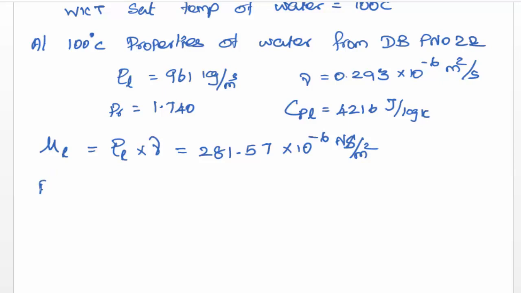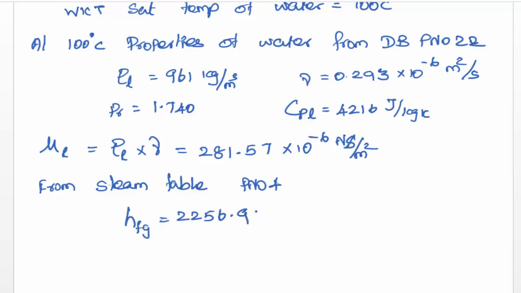Then in the next step, from the steam table, page number 4, take the value of HFG equal to 2256.9 kilojoule per kilogram, and then the specific volume of the vapor Vg equal to 1.673 meter cube per kg.